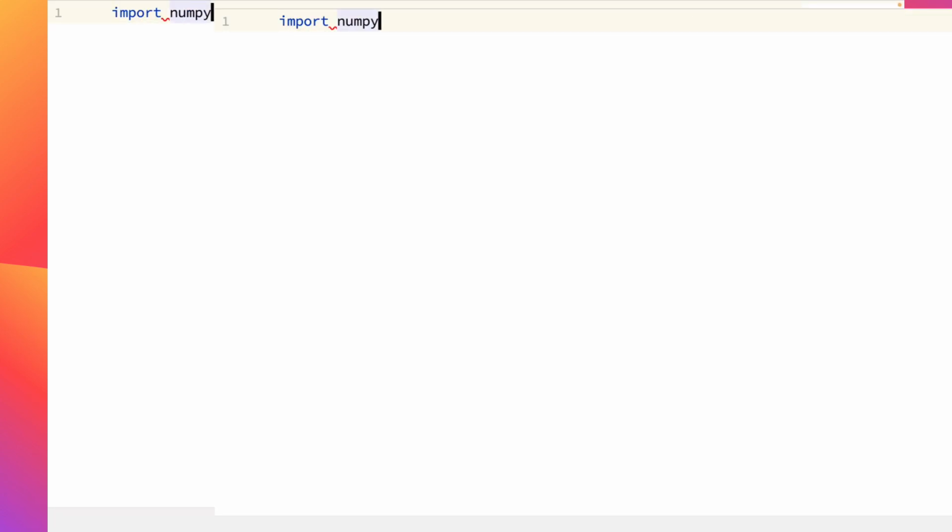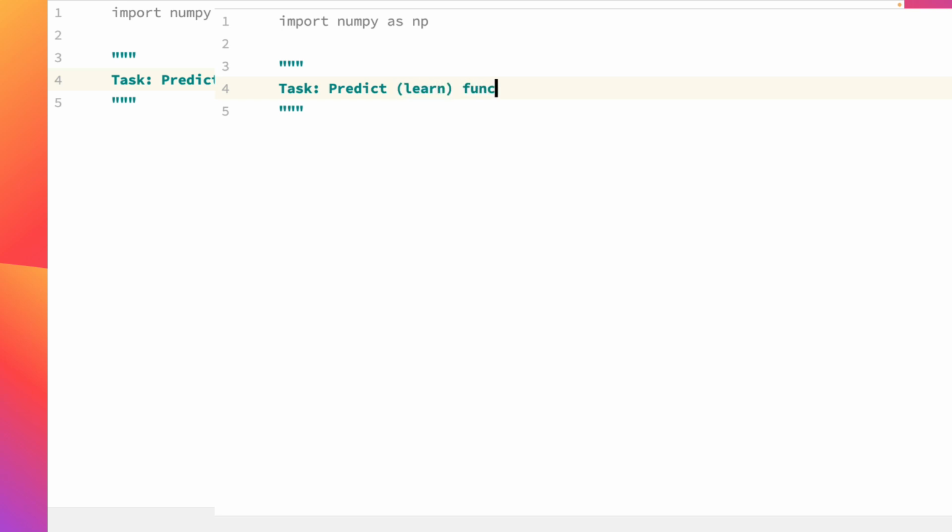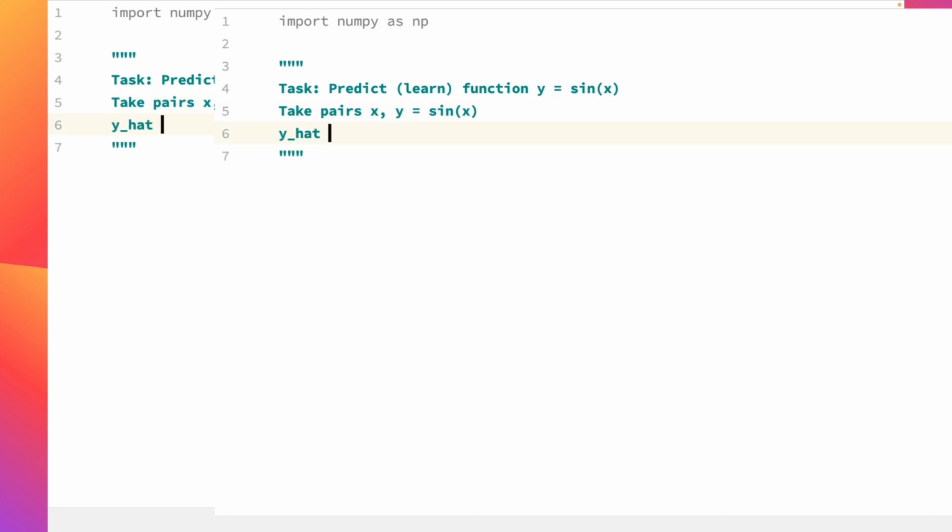Okay, so we take numpy, and we're going to predict or learn the function sinus. So we will take first x, sinus x, and then we're going to do something like this, and then minimize loss.